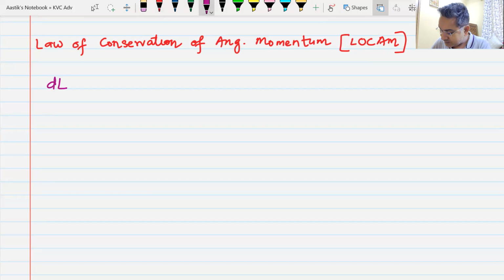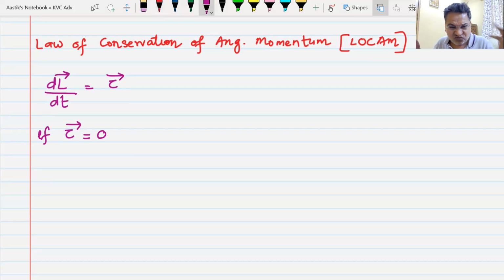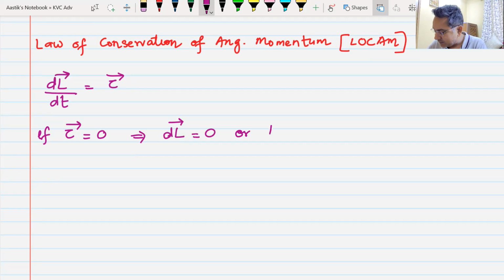Now, I had seen that dL by dt, vectorially, is tau. Now, if tau is zero, then what will happen? If tau is zero, it implies the change in angular momentum is zero, or I can say angular momentum remains constant.